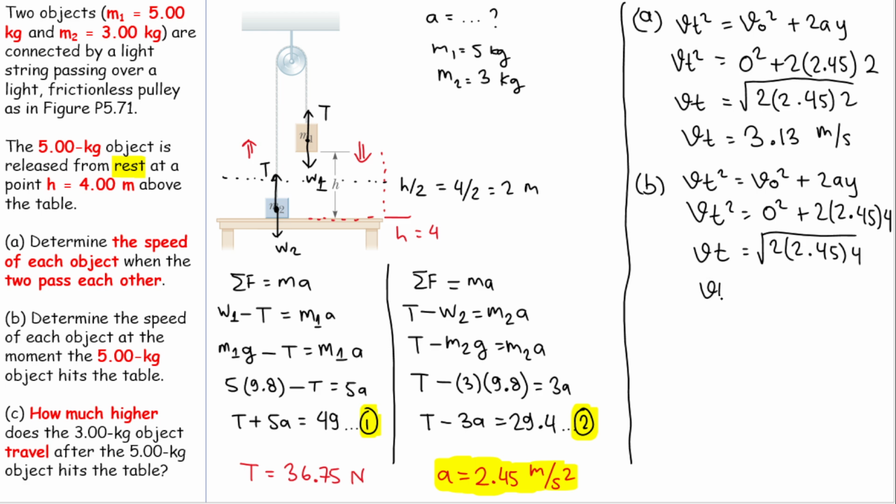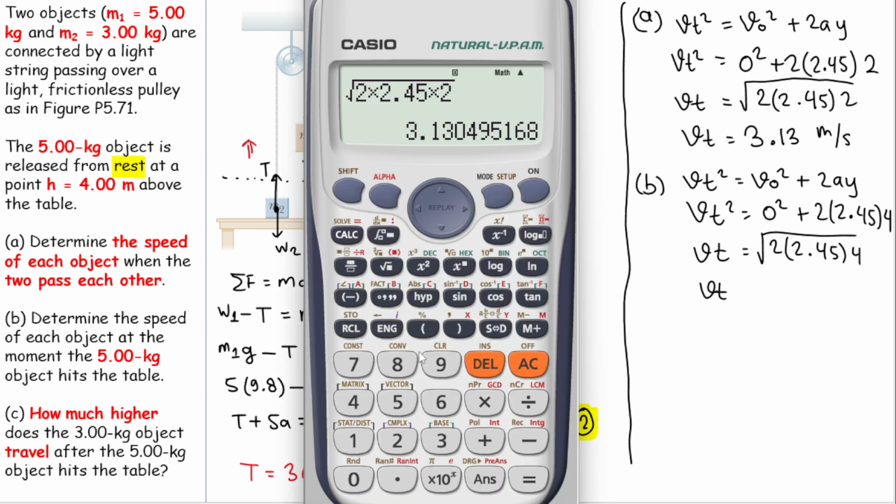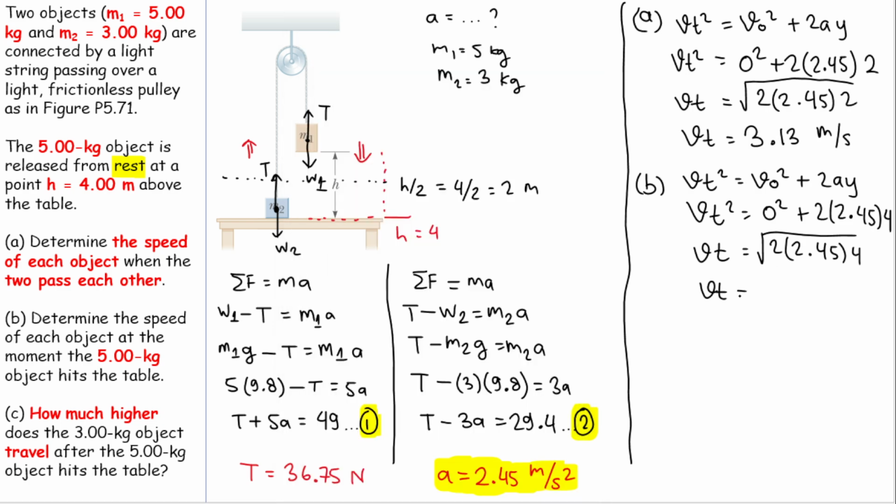And that will be, okay, let's clean this up. So we will have this one multiplied by 4, right? And that will be 4.43. So I'll have 4.43, and the unit here will be meter over second.